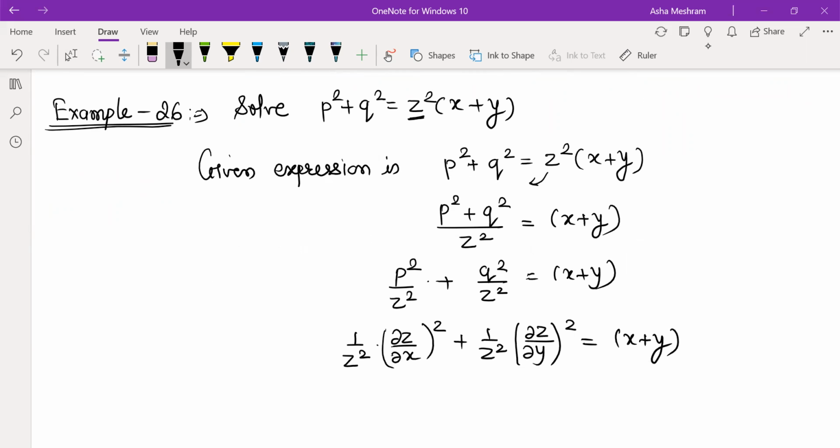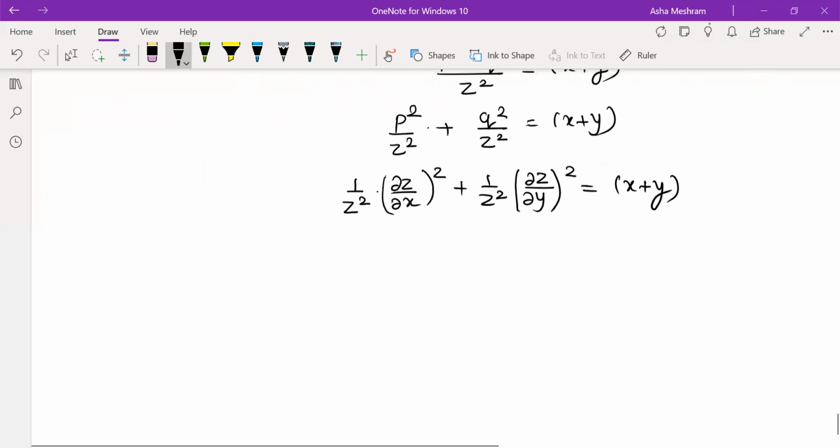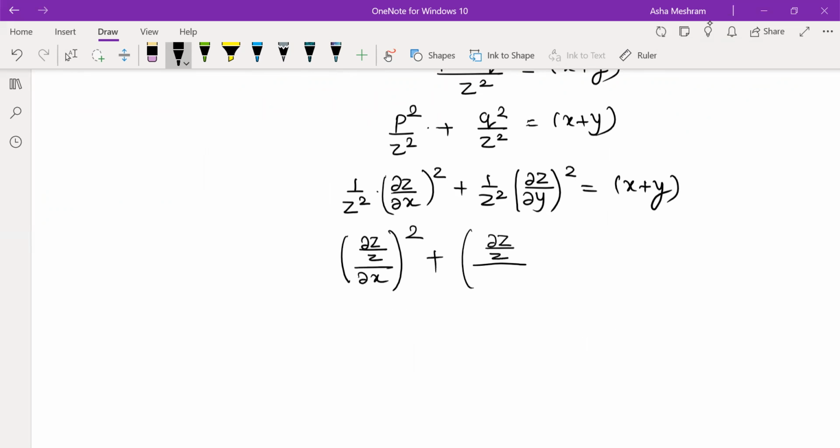Okay, and now this z square can be taken with z, this dou z by z upon dou x whole square plus same here dou z by z dou y whole square is equal to x plus y.